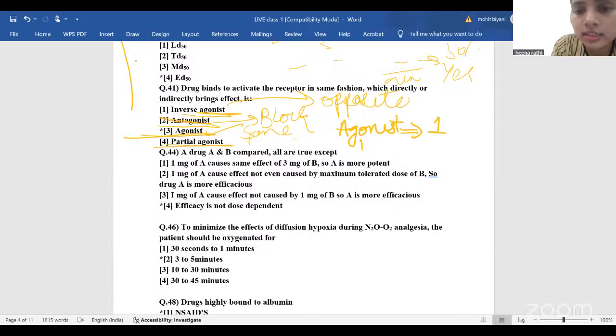Then the inverse agonist will have the opposite effect of the agonist, which means it will be -1.